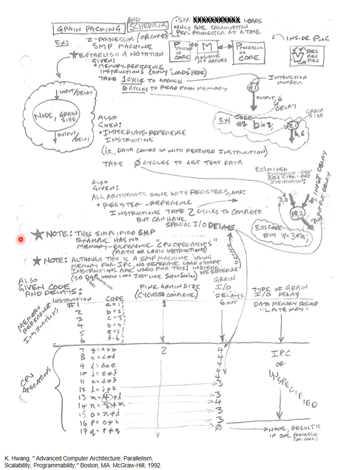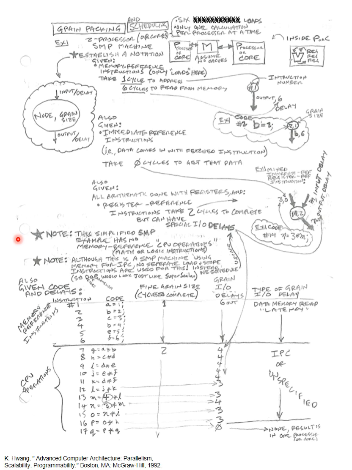Some notes here. This simplified SMP shared memory symmetric multiprocessing system example has no memory reference CPU operations. So in the traditional RISC sense, you want to get everything into the CPU and just use the registers. Although in reality, you're going to have cases where that's not the case. But in this example, that's what we're doing.